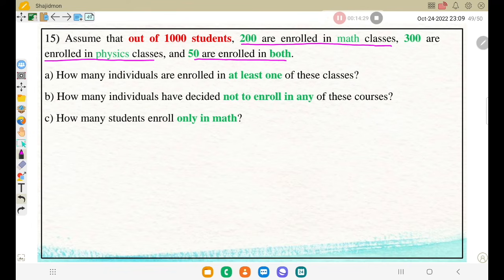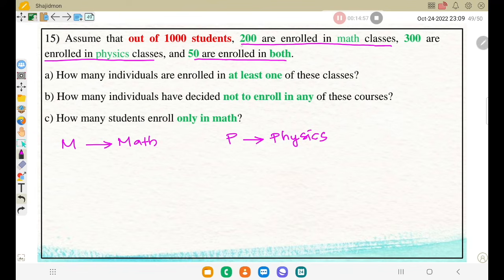So what is the condition here? For example, mathematics I am representing by M, and physics I am representing by P. Some students are enrolled in math courses, some are enrolled in physics courses, and some are enrolled in both.